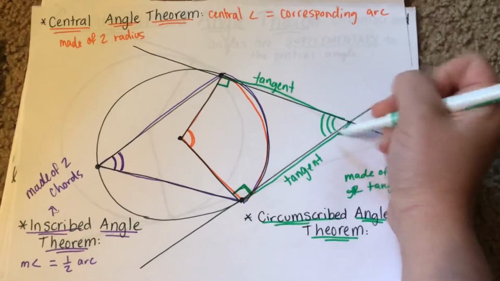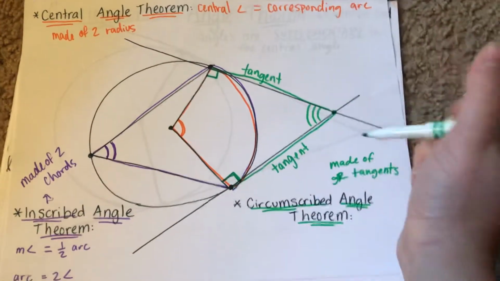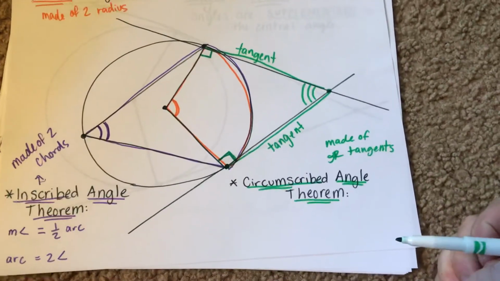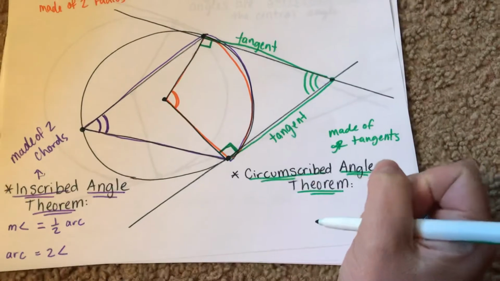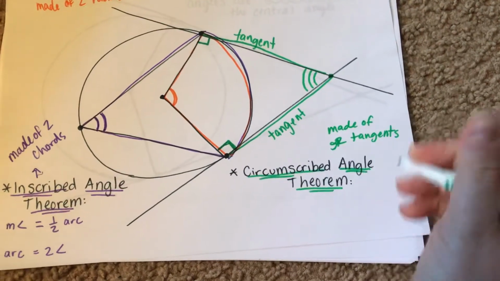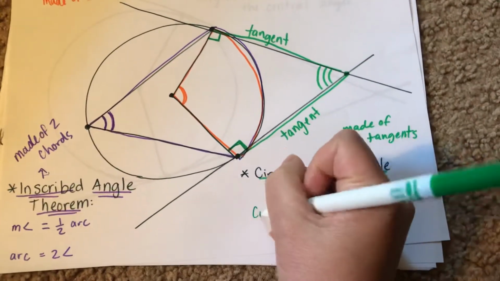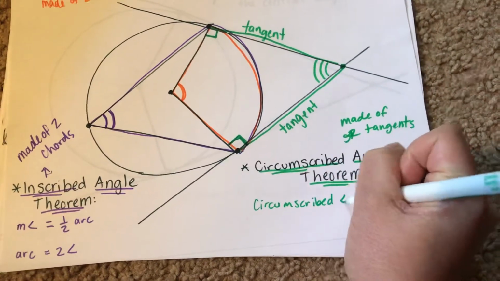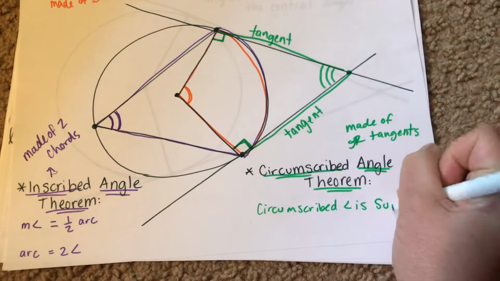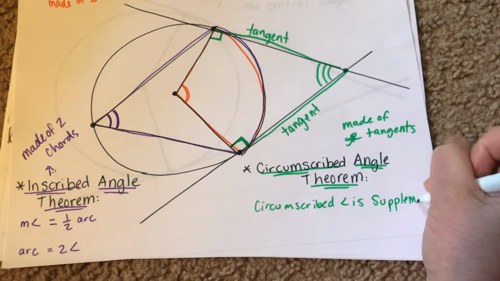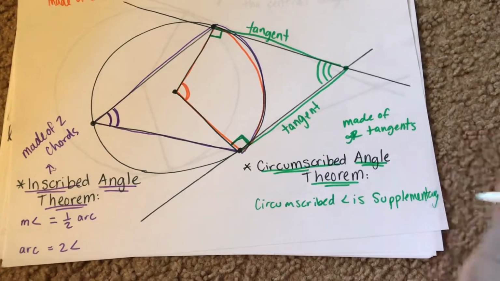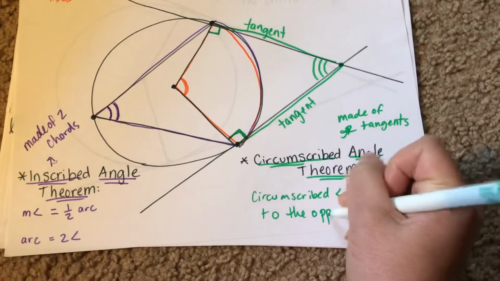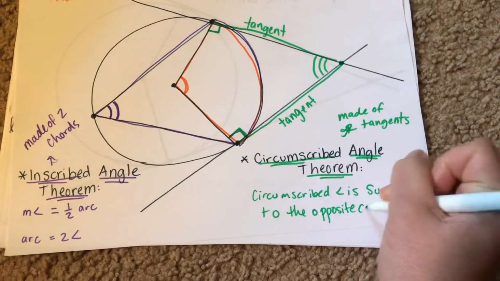They make up this angle out here, and what our circumscribed angle theorem says is that the circumscribed angle is supplementary to the opposite central angle.